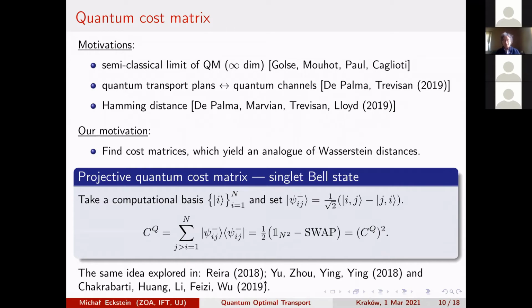And then we learned from Andreas Winter that he considered, with his bachelor student, Mr. Reira, in 2019, the very same quantum cost matrix, and they arrived at very similar results to ours. Just that it stopped, unfortunately, at the level of this bachelor thesis, and they never published these results. But it's reassuring that different groups and different approaches converge, in a sense that they had the same idea, and they believe that it gives some reasonable results.